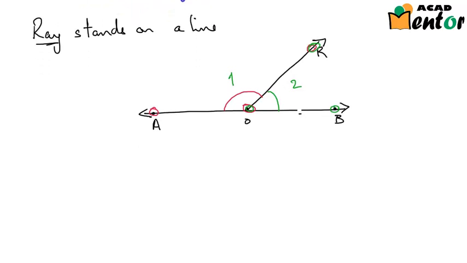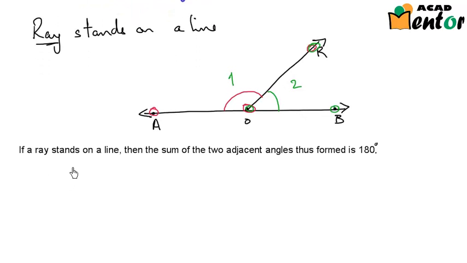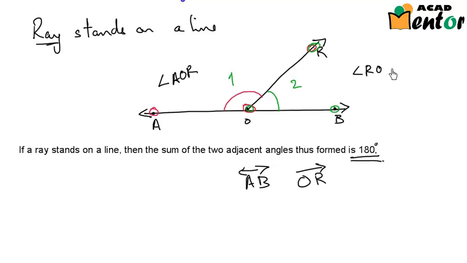Now let's look at an axiom. The axiom says that if a ray stands on a line, then the sum of the two adjacent angles thus formed is 180 degrees. Now let's see how this works out. So here in this figure above, we see that there's a line AB, and there's a ray OR which stands on this line AB here. The two angles formed are angle AOR and angle ROB.